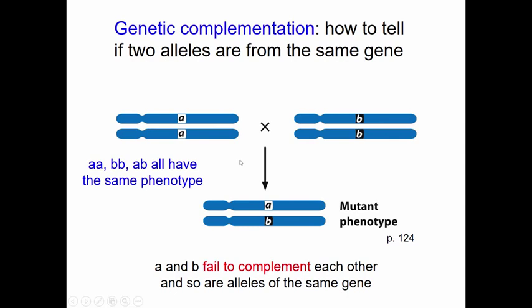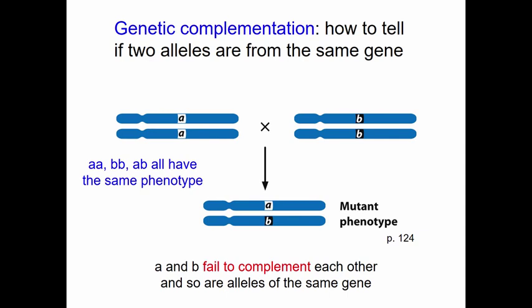So here, the A mutation in the top chromosome can't make a good gene product, and the B mutation in the bottom chromosome also can't make a good gene product.